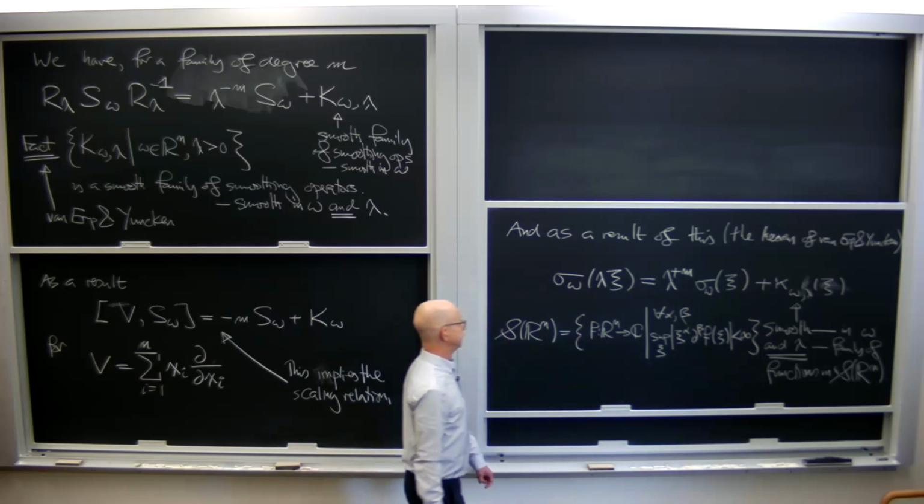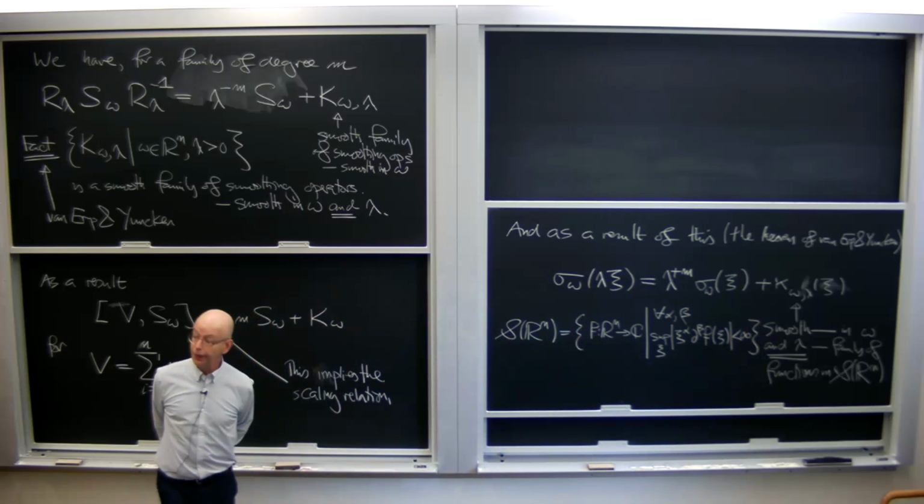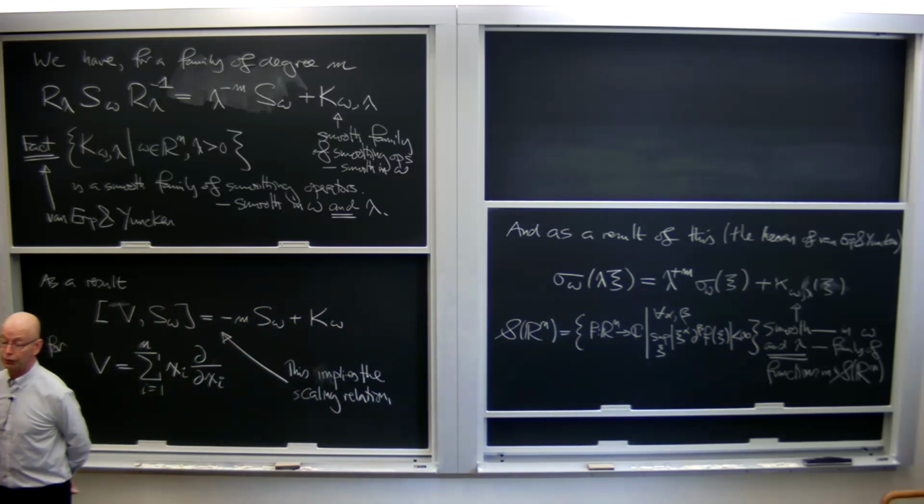So these functions you can differentiate as many times as you like, and then you can multiply them by any old polynomial, and they're still bounded. That's what a Schwartz function is.